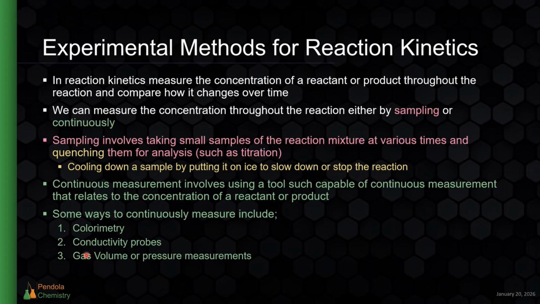We can also use a conductivity probe to measure how conductive a solution is, if we have ions being measured, because ions conduct electricity, or we can use gas volume or pressure measurements from a pressure or gas volume probe, if we're working with gases. So this is just 3 different ways in which a continuous measurement can work.